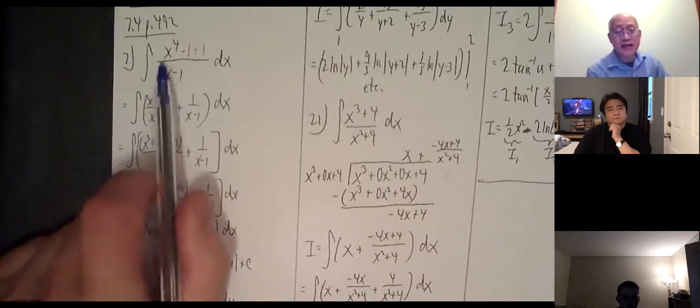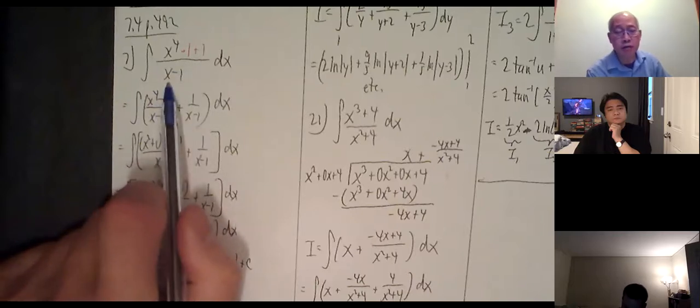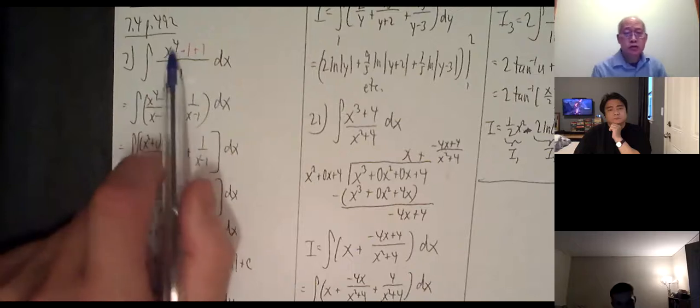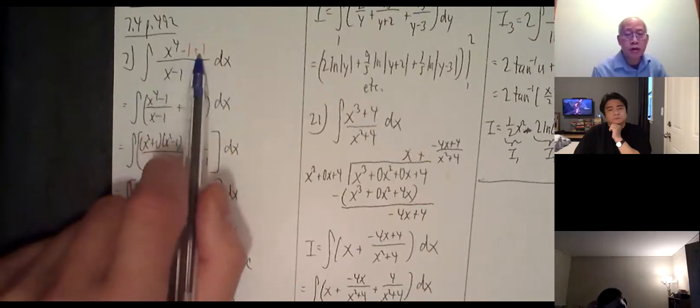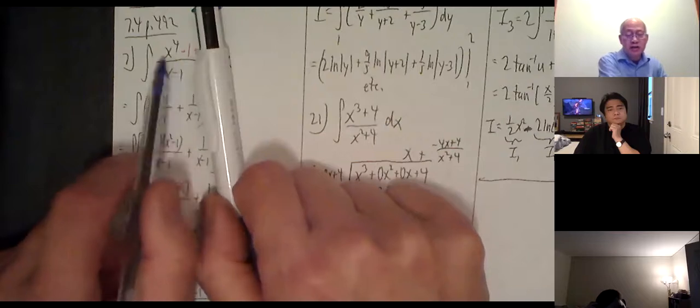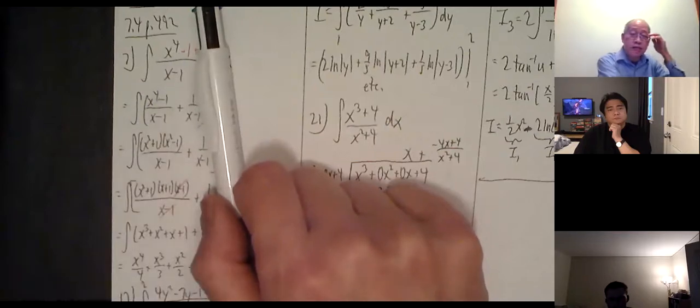What I want to do is get this down to a polynomial plus some remainder that has an x minus 1 in the bottom. The trick that I did here was to subtract 1 and add 1. And the reason why I want to do that is because I know how to factor this. And if I factor this the right way, I can eventually cancel out that x minus 1 in the bottom.